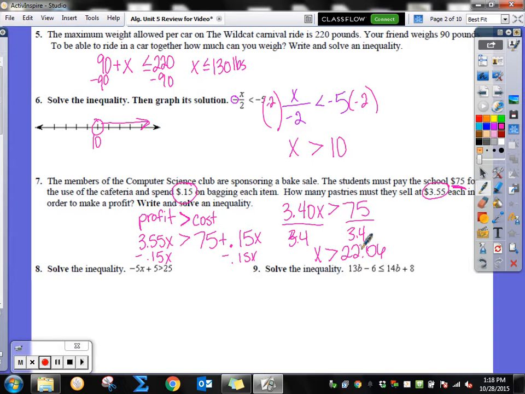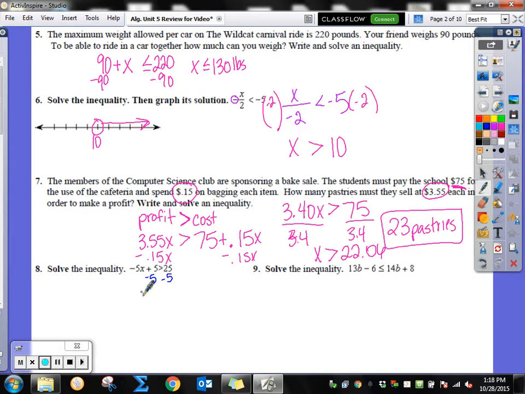So if you think about it, if you sold 22 pastries, you wouldn't actually make a profit. You would need to sell 23 pastries to actually make a profit. So you had to look at the number larger than this since it says greater than 22.06. On the next two, we are just solving.